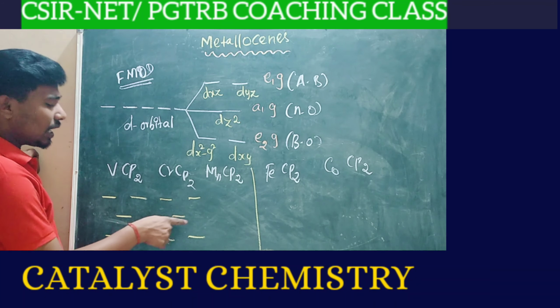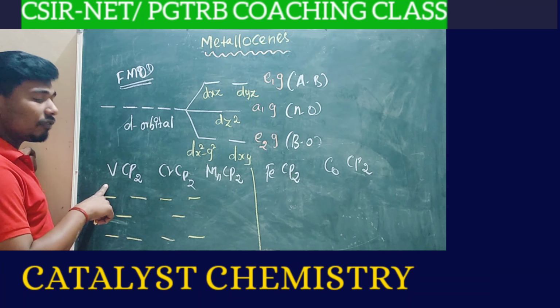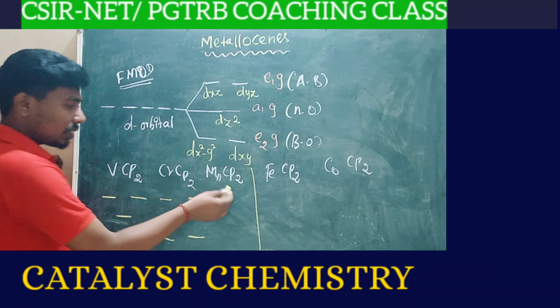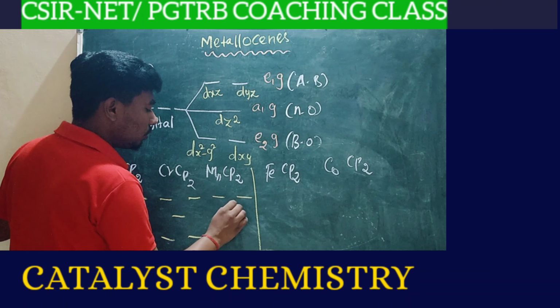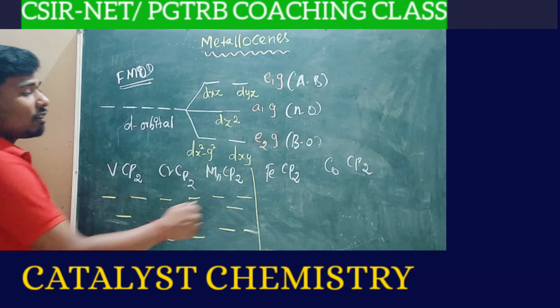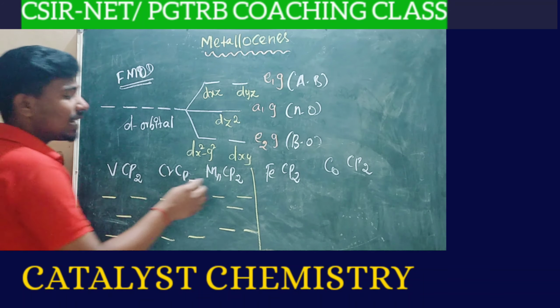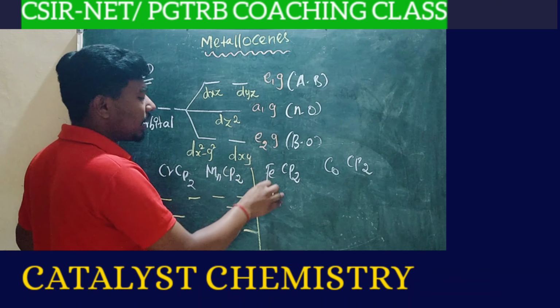So the fourth electron automatically fills here after the first three. In the same way, in manganese compounds the 1, 2, 3, 4 and 5 electrons have equal spacing. But after this ion, the energy difference between the bonding and anti-bonding energy levels is very high.